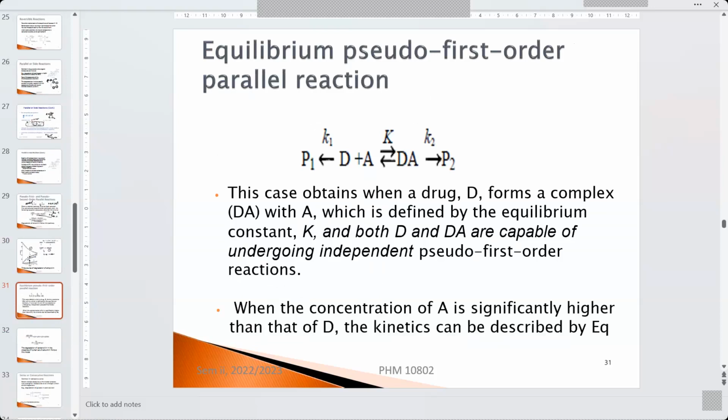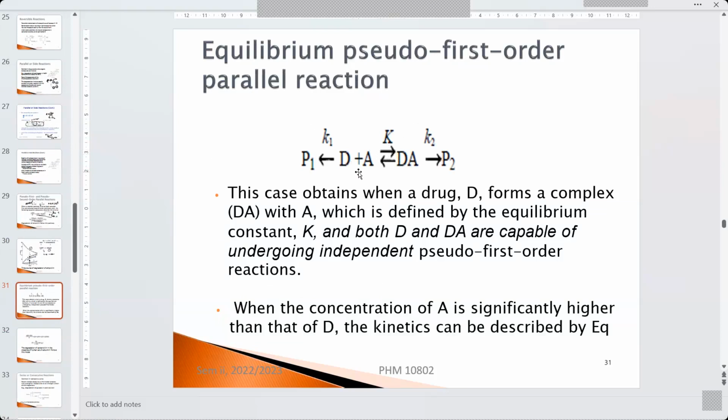Okay. We may have complex reactions that contain one-way direction reactions and reverse reactions. So it contains reverse and not reverse at the same time.